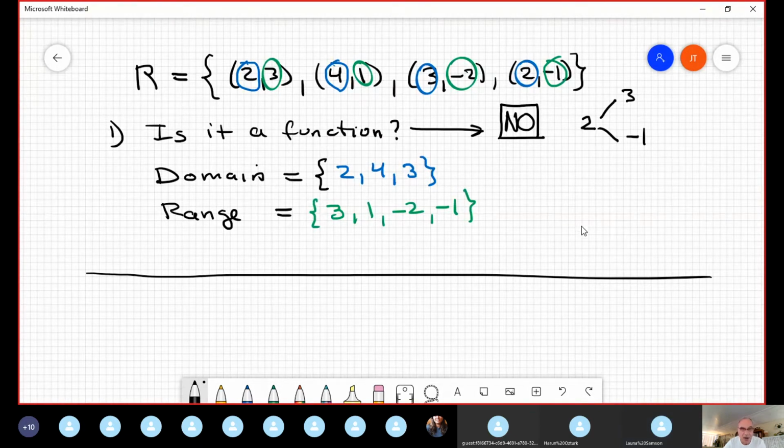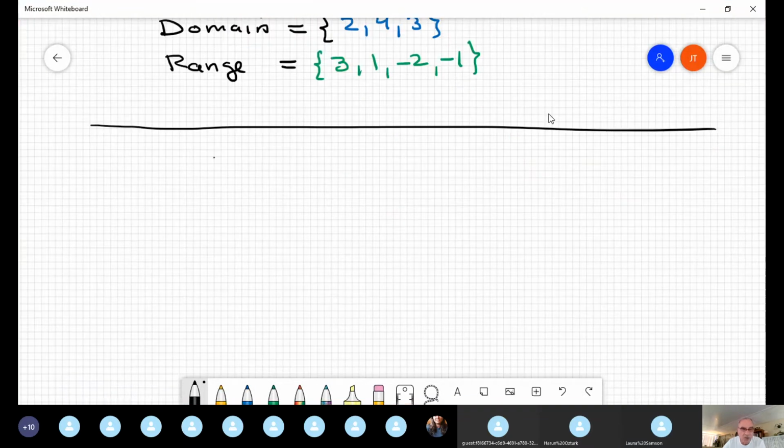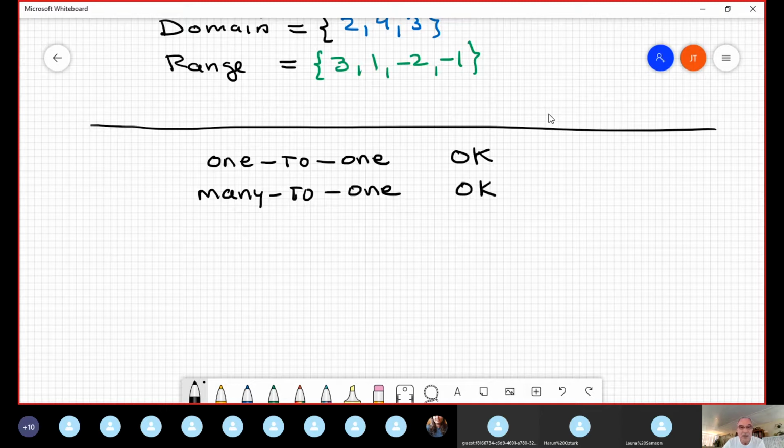Let me summarize, because maybe I forgot to summarize. Look at me. When you have a one-to-one relation, it's obvious that it's a function. When you have many-to-one, it's obvious that it's a function. Why? Because the keyword is one here. And you have missed one-to-many, which is not okay.